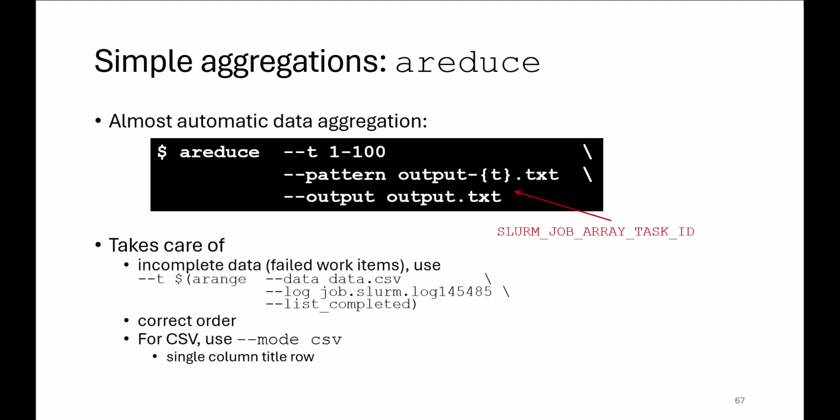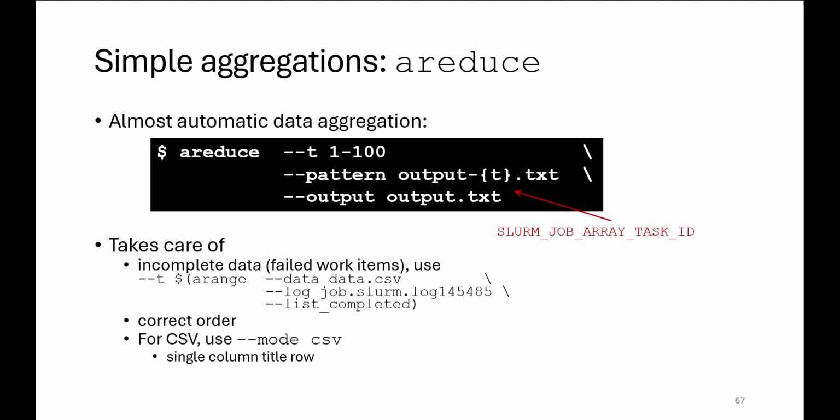So this takes care of incomplete data, failed work items, and in that case you can use arange again, in this case with the -list_completed option, which ensures that the only array IDs that you get are indeed those of items that completed successfully.